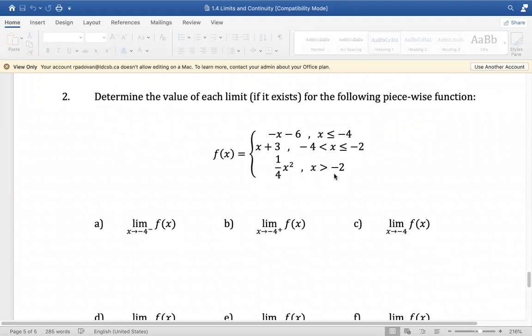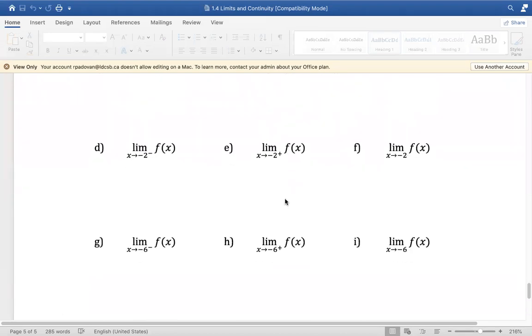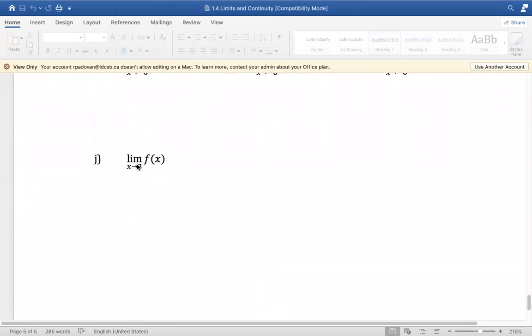Well, 3 is greater than negative 2, so I'm using the 1/4 x squared expression. Whether I was approaching 3 from the right side or from the left side, I'd be using the same equation. If I'm using the same equation and plugging in the same number, I'm going to get the same answer, meaning that the limit would exist.